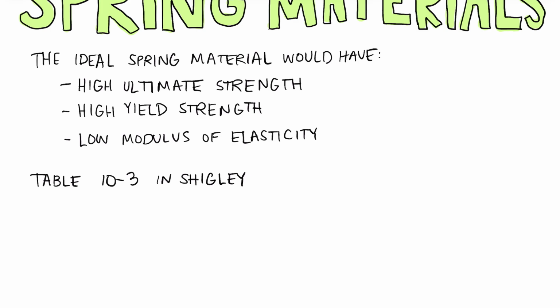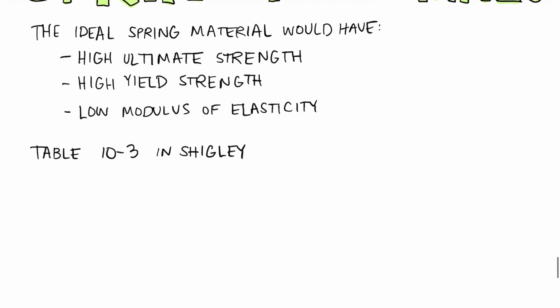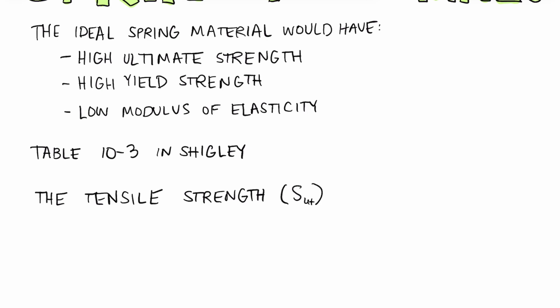And so we can write an equation that relates the tensile strength of the spring material to the wire diameter. So the tensile strength, which I'm going to write as SUT, depends on the wire size, which we're going to continue to use a lowercase d for.